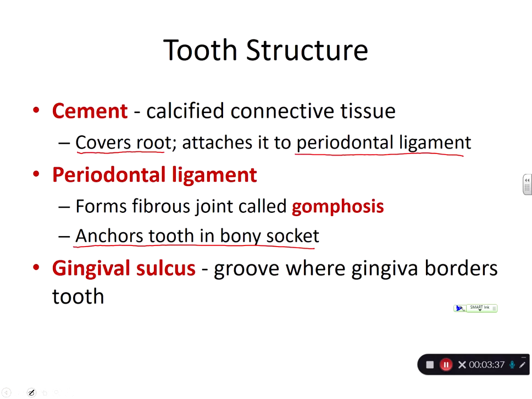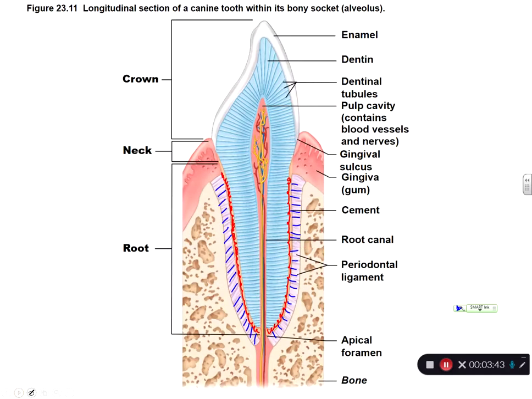The gingival sulcus is the groove between the gum and the tooth. If we go back to this picture, right here, this little area and over here, that little groove is the gingival sulcus. Sometimes your dentist has these little probes with hash marks on them, and they'll stick it in the gingival sulcus and see how far down they can go.